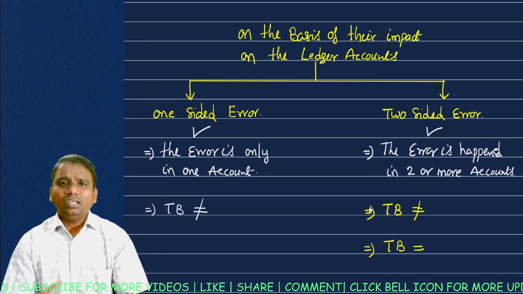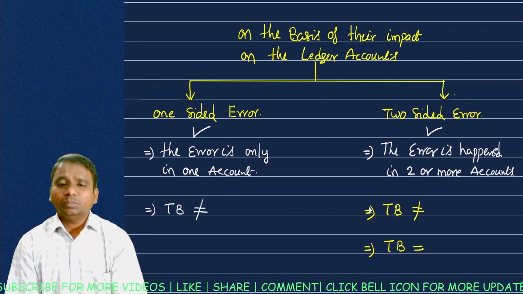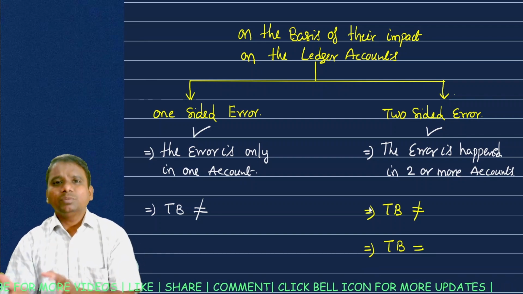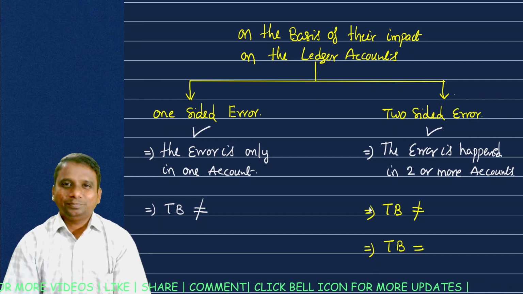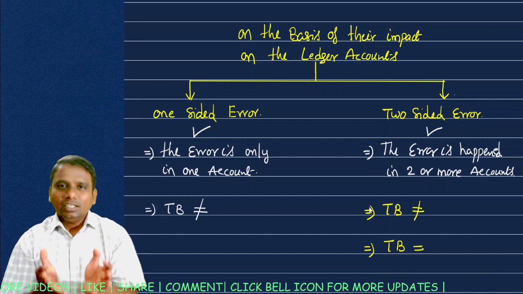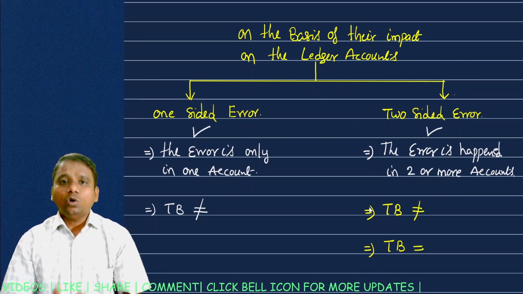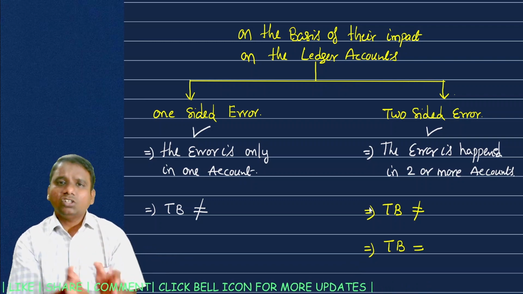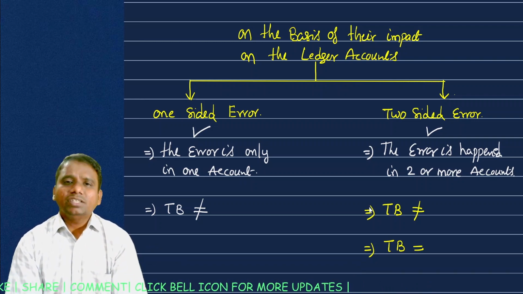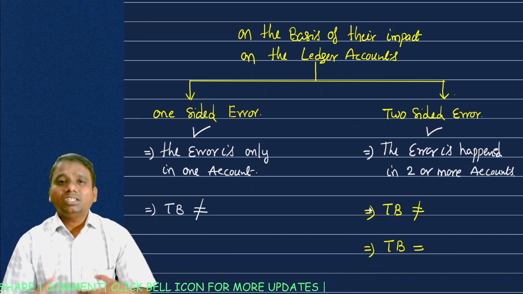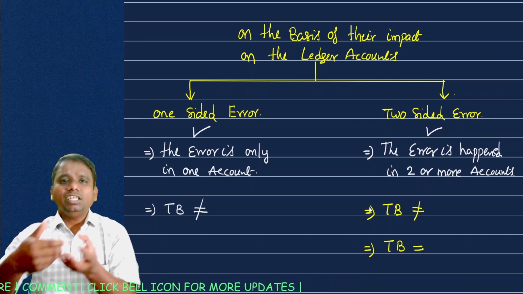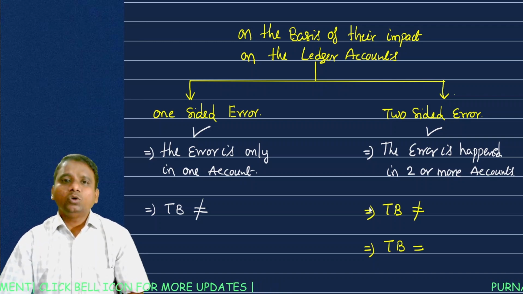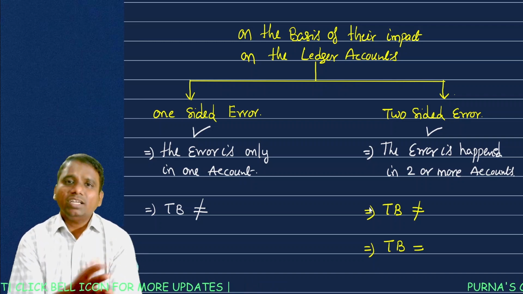Sir, why should we classify the errors like this? Because if you classify the errors like this, then it becomes easy for us to rectify them. See, in this video, we have seen how the errors are classified, with examples we have seen already in the previous class. In the previous class we have seen generally what are the possibilities that a bookkeeper may commit mistakes.